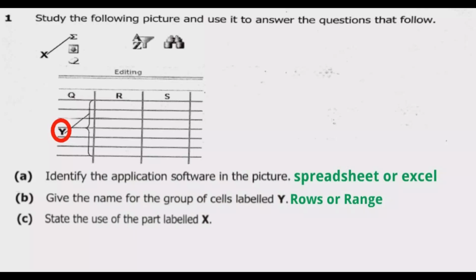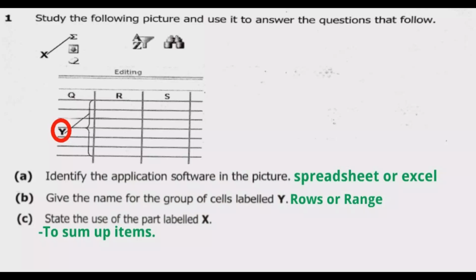We go to question number 1C, which is state the use of the part labeled X. So the use of that is, one, for summing up items. If you have got items, you can use that to sum up the items, which is to find the sum of values.